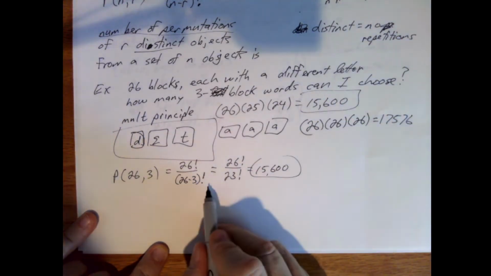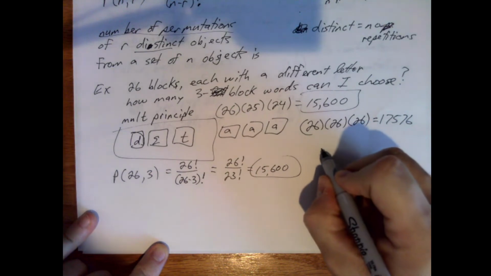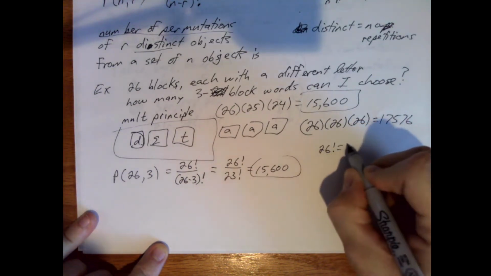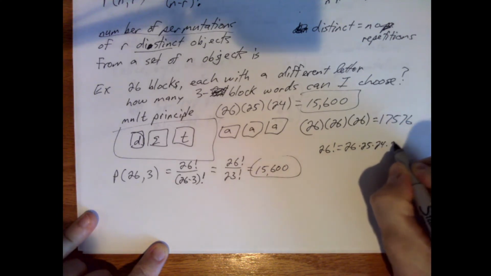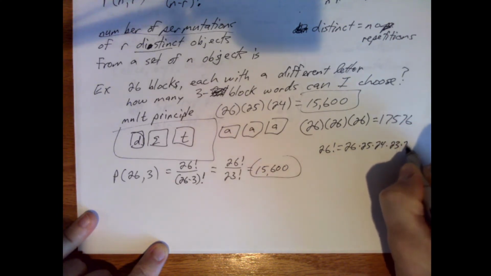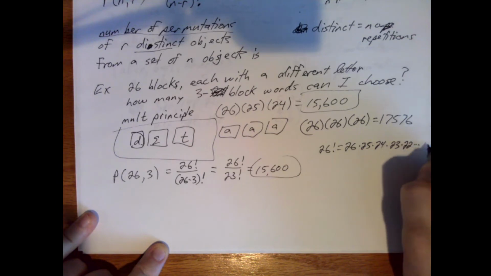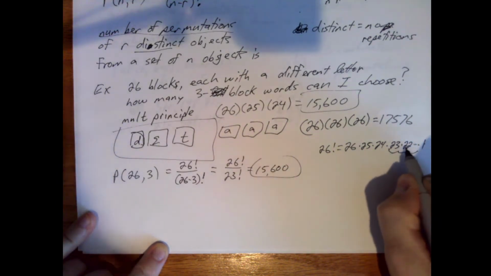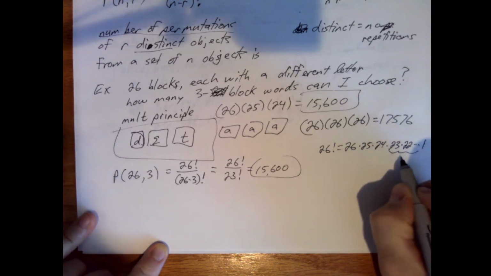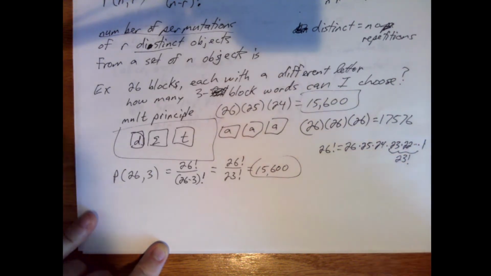Well, how's this working? Well, 26 factorial is equal to 26 times 25 times 24 times 23 times 22 dot dot dot all the way down to 1, right? Well, this part here, the 23 times 22 times 21 all the way down to 1, that's really just 23 factorial.